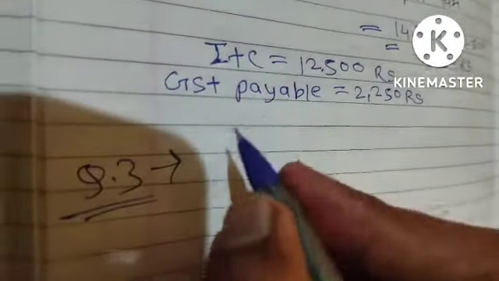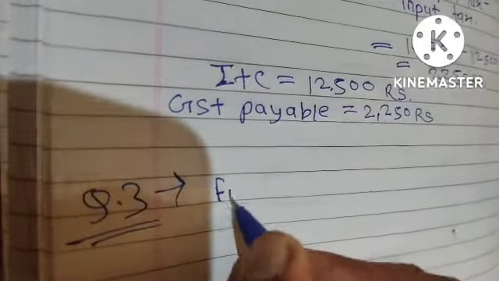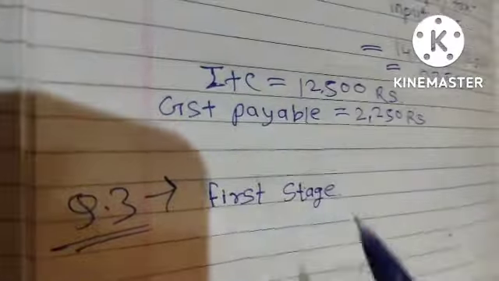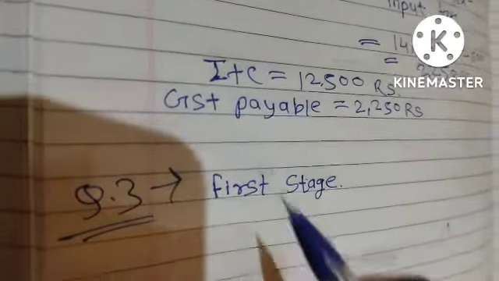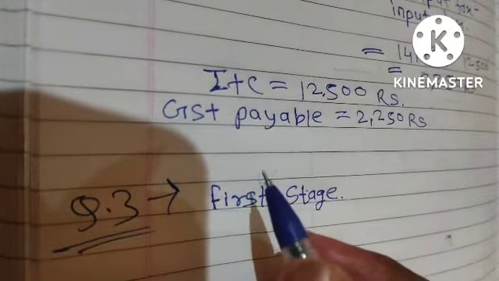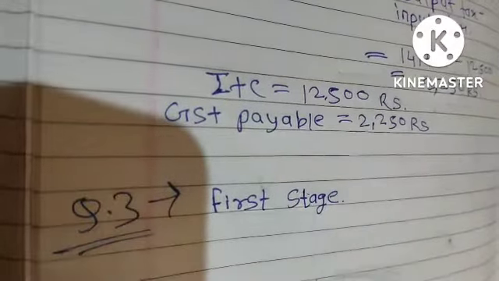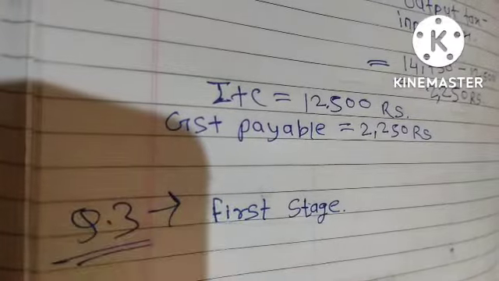Let's see the first stage. Amir Enterprises purchased chocolate sauce bottles and paid GST of 3,800 rupees.